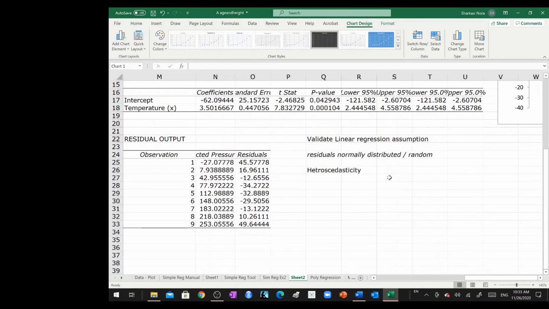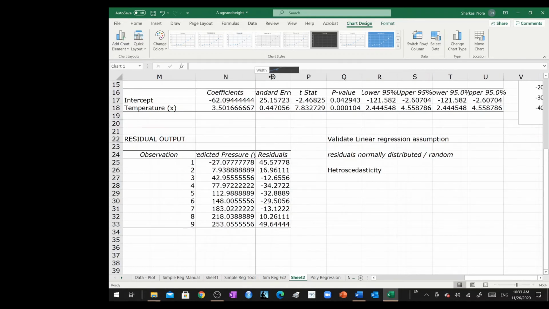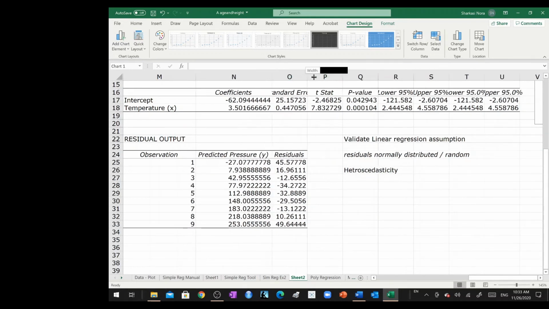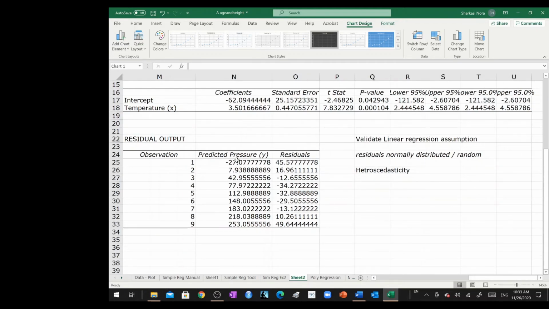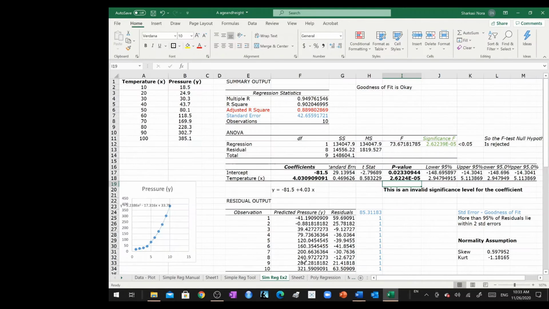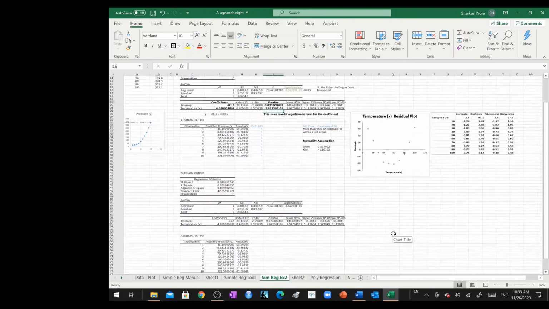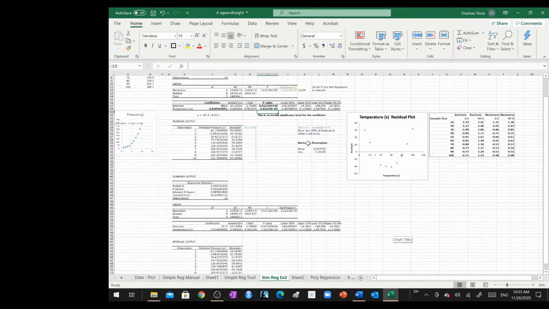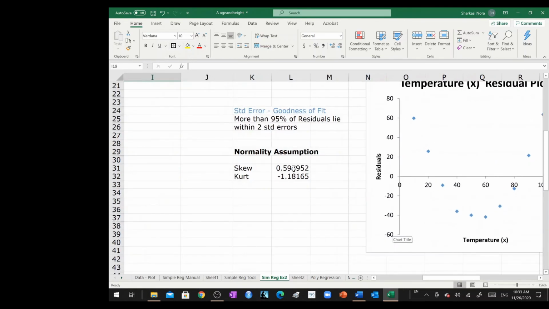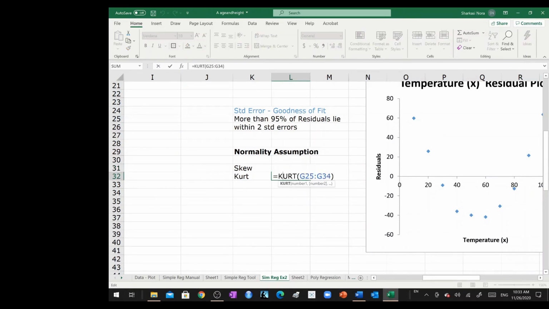So basically, to test this assumption, the heteroscedasticity, what we need to do is to plot the residuals versus the predicted values. So over here, do I have it done? I probably don't have it done. I just checked for normality, and usually we check for normality by checking the skewness and the kurtosis.